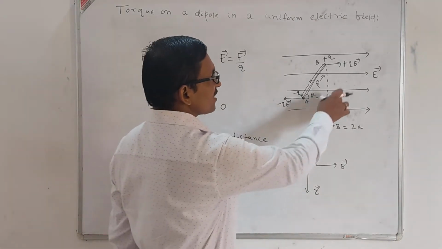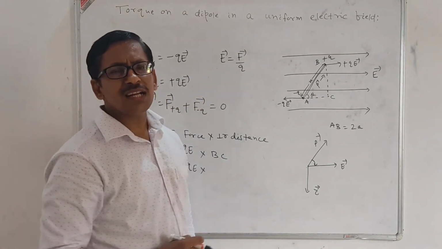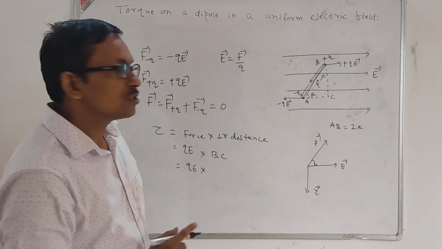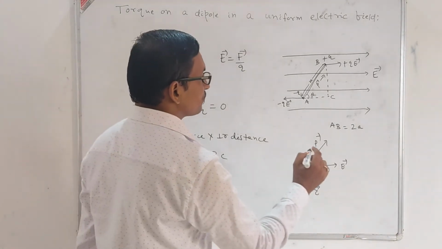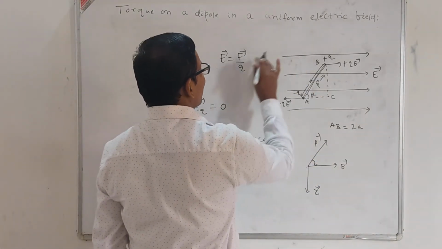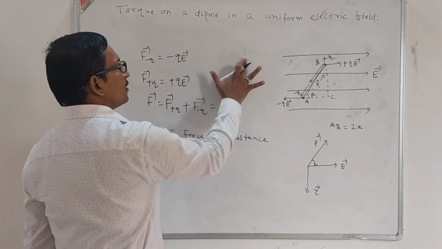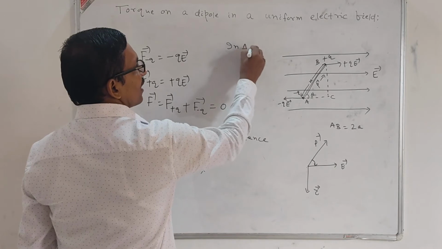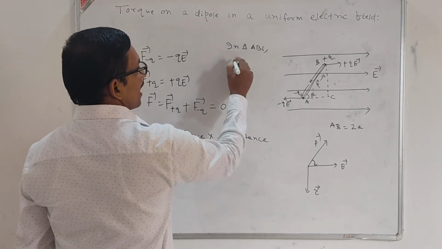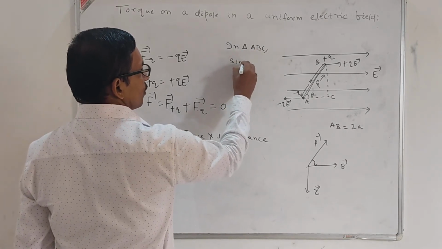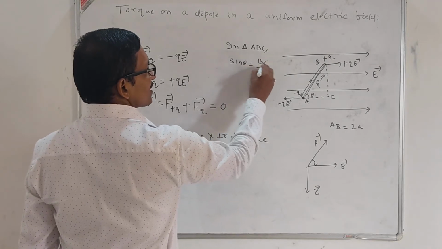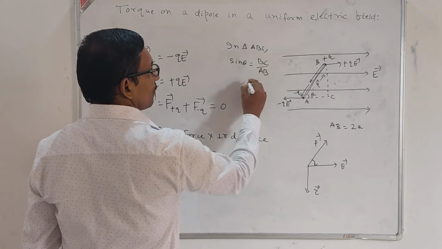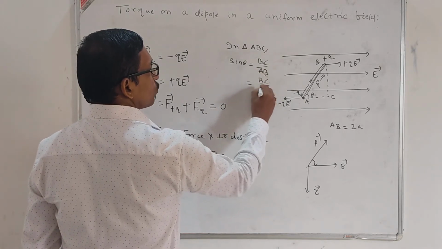So now take this triangle ABC and take a little help of trigonometry to find the value of BC. So in triangle ABC, sin theta is equal to BC by AB, but AB is equal to 2a, so BC by 2a.